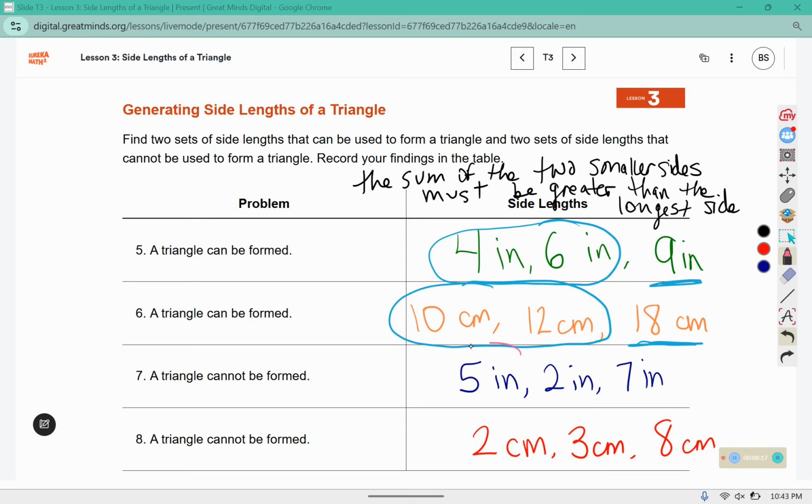But down here, 5 plus 2 is 7, and that is not bigger than 7. And in this bottom one, 2 plus 3 is 5, and 5 is not bigger than 8. So I would add this little note to your composition book or wherever you keep your notes for math class.